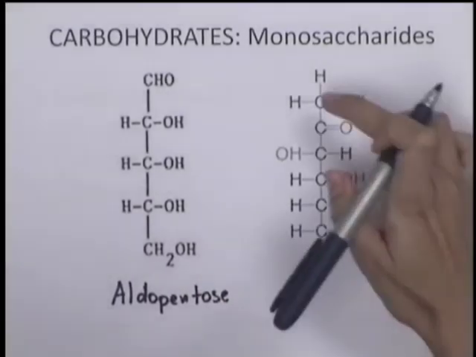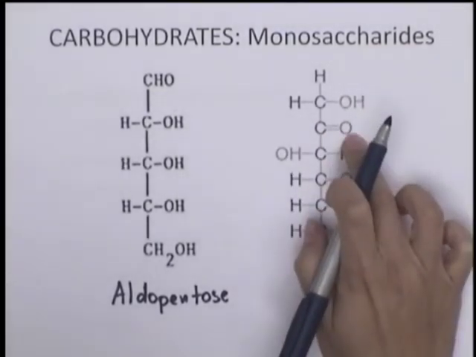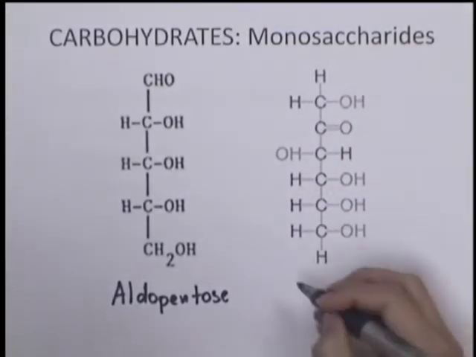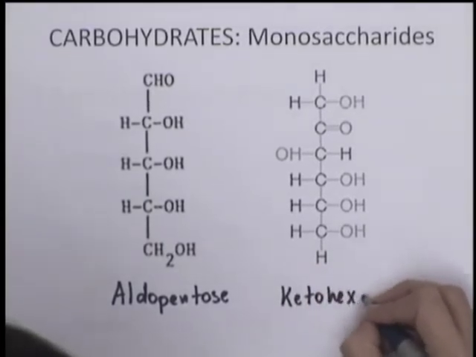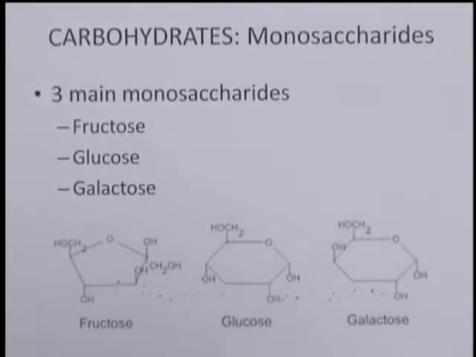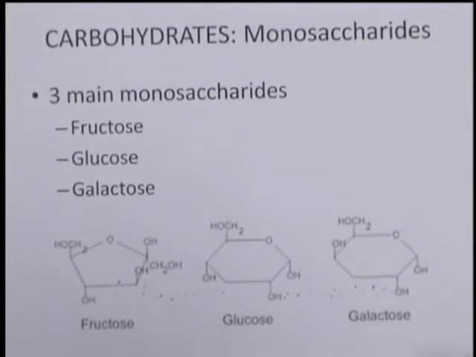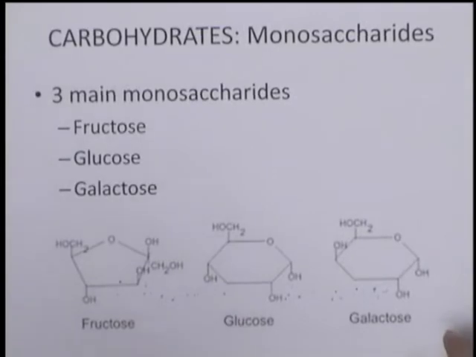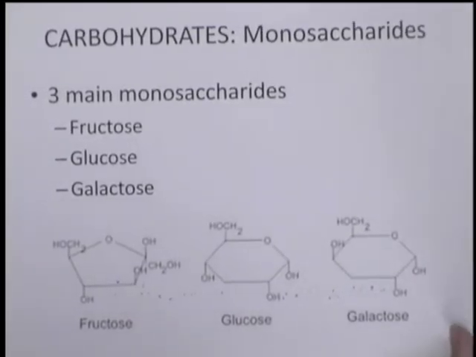And the second one has 6 carbon atoms, and it has a carbonyl group looking like a ketone, so this one would be a ketohexose. Okay, we have three main monosaccharides. The first one is fructose, then we have glucose, and then we have galactose. This will be the base for the disaccharides or the polysaccharides as well.